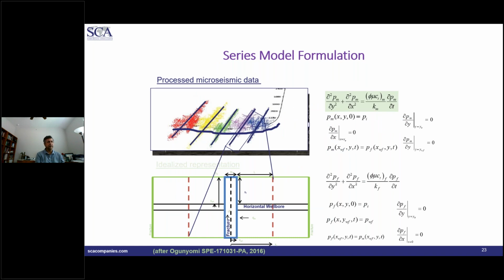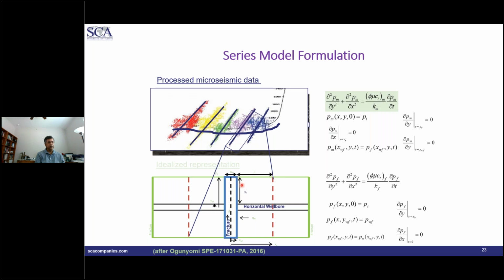And then this thing came up, again in concert with the model. The model is that if you have microseismic data, you don't need that, but you can work with this.